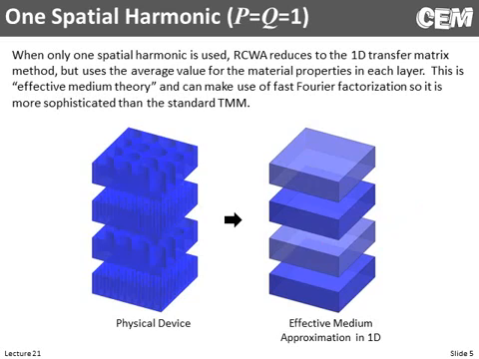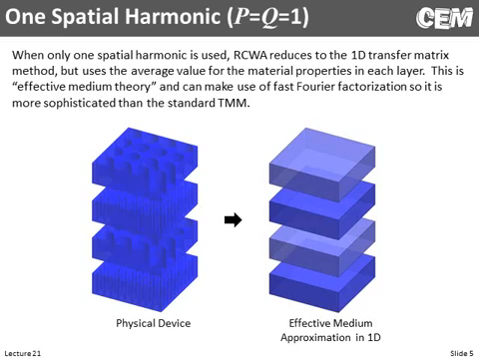And in fact, rigorous coupled wave analysis defaults back to the transfer matrix method. The only difference is we're able to input to it arbitrary structures in the cross-section that are gratings and other things, but it averages that out. And so we're really running a transfer matrix method simulation with average material properties in each layer.